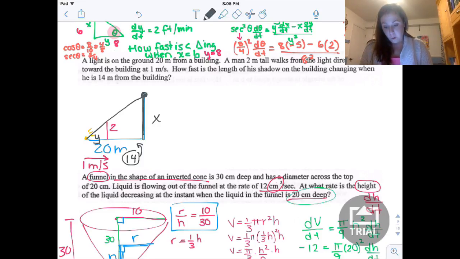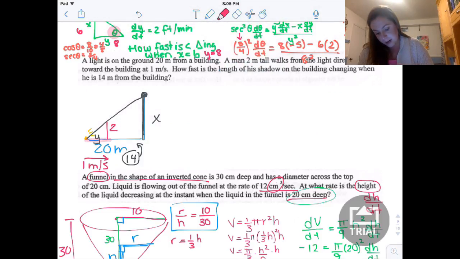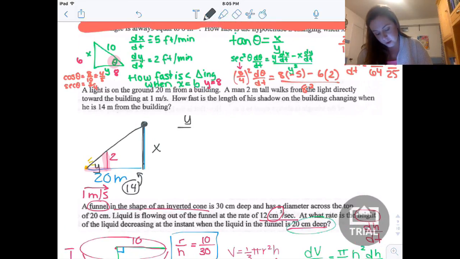So, similar triangles. You've got a little one and a big one. The little one, I'm going to use a highlighter to show you guys this. I'm going to go bottom leg over perpendicular leg, okay? So this ratio is y over 2, and that 2 doesn't change, right? Equals. Then for the other one, I have to do the same ratio.